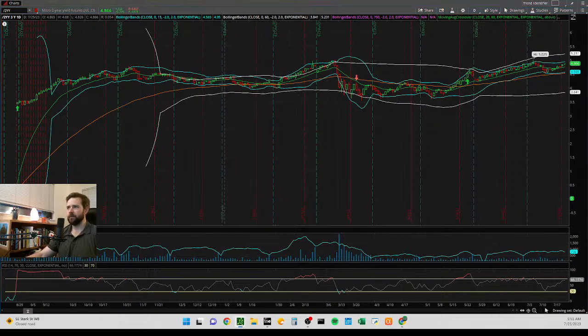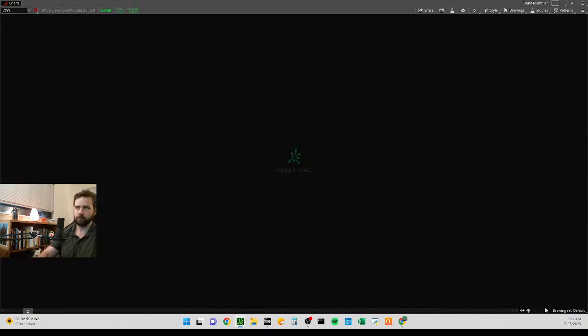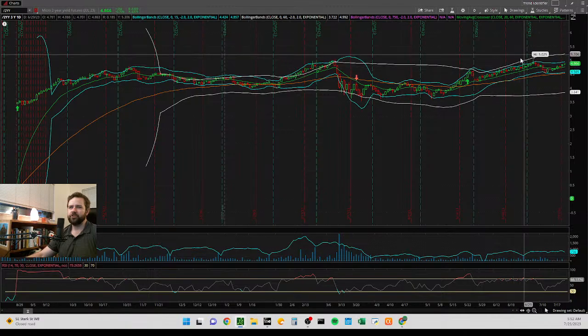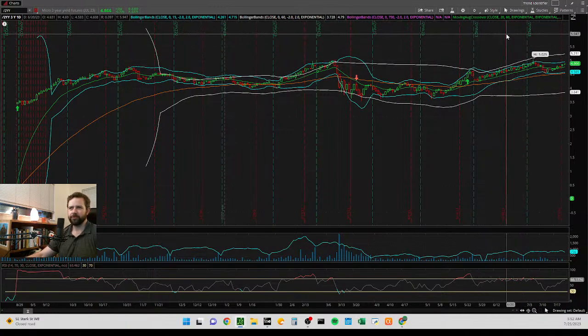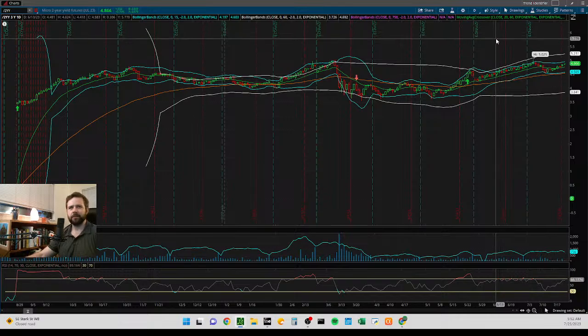Let me take a look over here at a different view. Yeah, so whenever this trend changes from bullish to neutral, that's probably when you can start getting into the short end of the yield curve with bonds, treasuries, and notes.